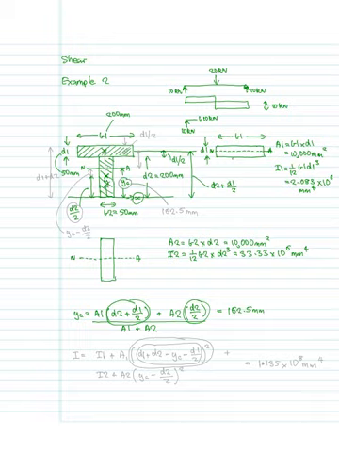So our distance YC we've just calculated, the centroid around which is where the neutral axis is, around which the composite section is going to bend, and at which point there is going to be no longitudinal stress.